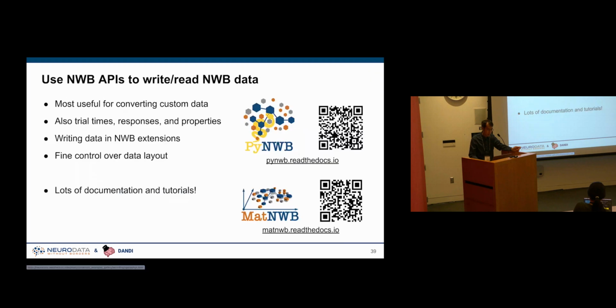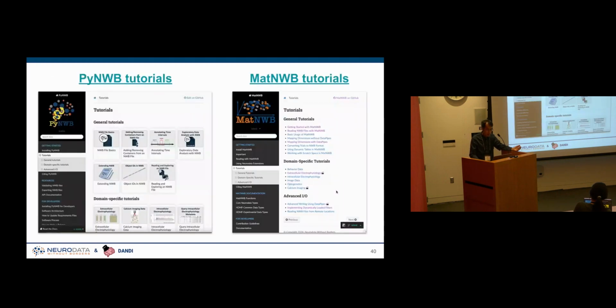Okay. And if neither guide nor NeuroConv work for your use case, you're working with extensions, you are working with custom trials, or you want to really optimize or customize how your data is compressed, you can use PyNWB and MatNWB, and we provide a ton of tutorials that are domain specific.